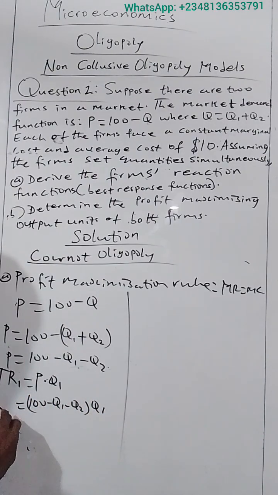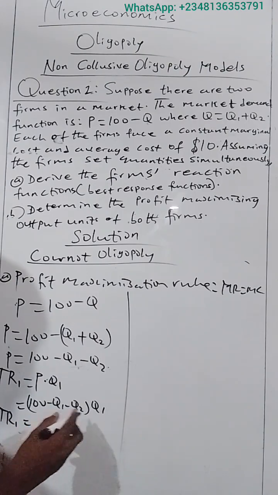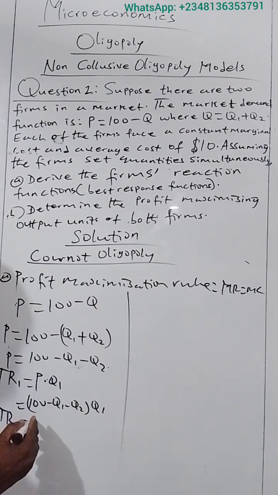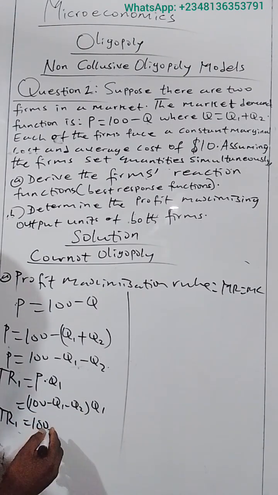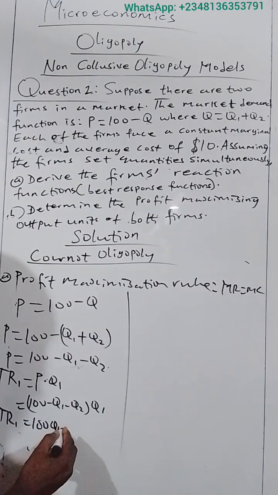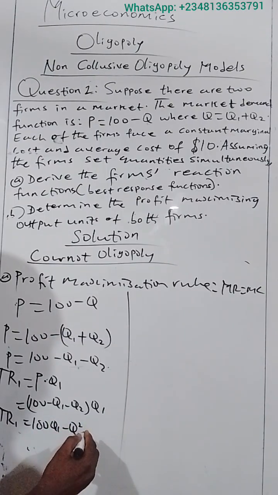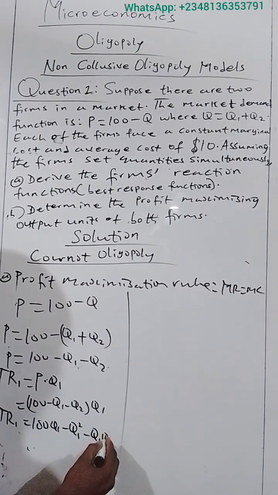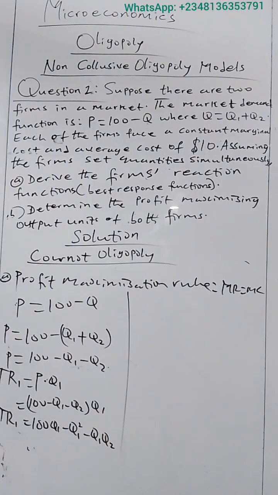When I open the bracket, the total revenue of firm 1 is 100Q1 minus Q1 squared, then minus Q1Q2. This represents the total revenue function of firm 1.